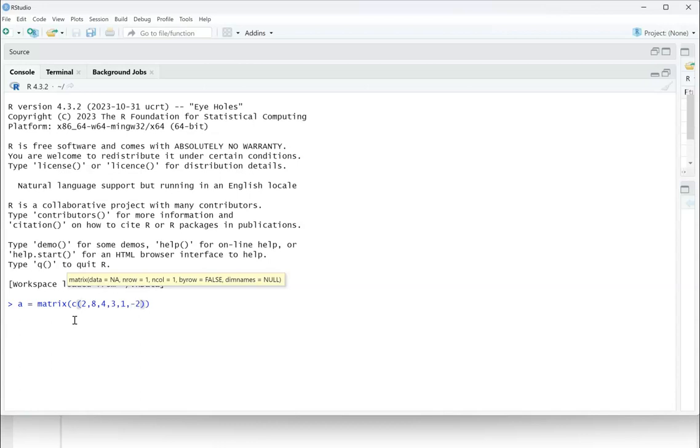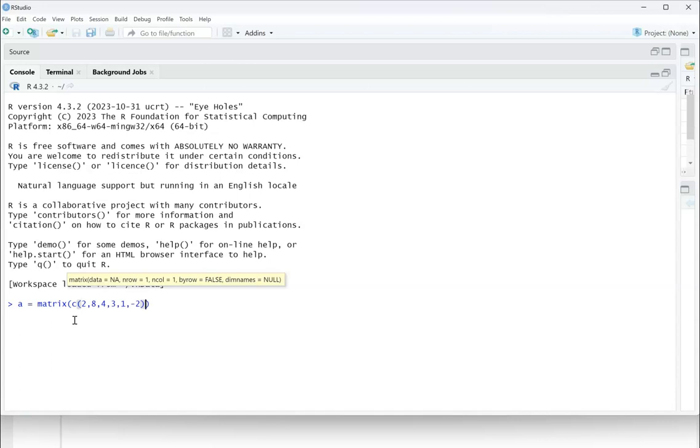And notice that I'm separating each one with a comma. So I just have all 6 entries all listed out. I put them in as rows. You could have also put them in as columns, right? You could have done 2, 3, 8, 1, 4, -2.